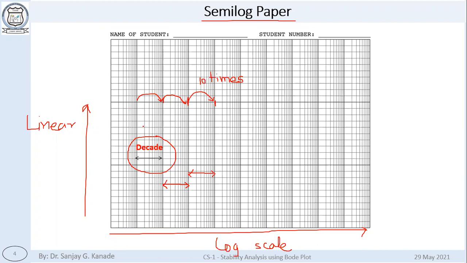We saw on the last slide also, 0.1, 1, 10, 100, like this. 100 by 10 is 10, 10 by 1 is 10, 1 by 0.1 is 10, right? The ratio is constant, and that ratio is 10. The frequency gets multiplied by 10. So what will be the values of these divisions?